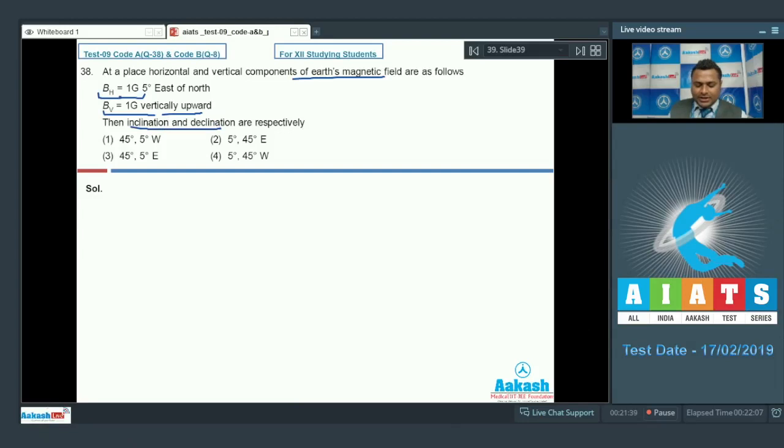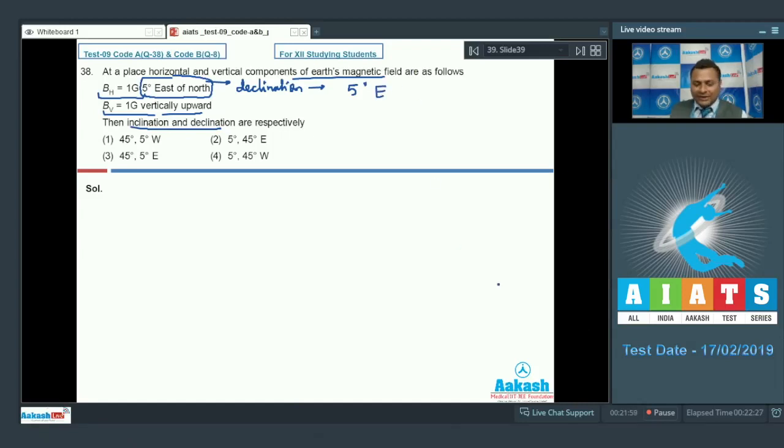First of all, the horizontal component is 1 Gauss, 45 degree east of north. So this is the angle of declination. We got the declination directly from here, that is 45 degree east.